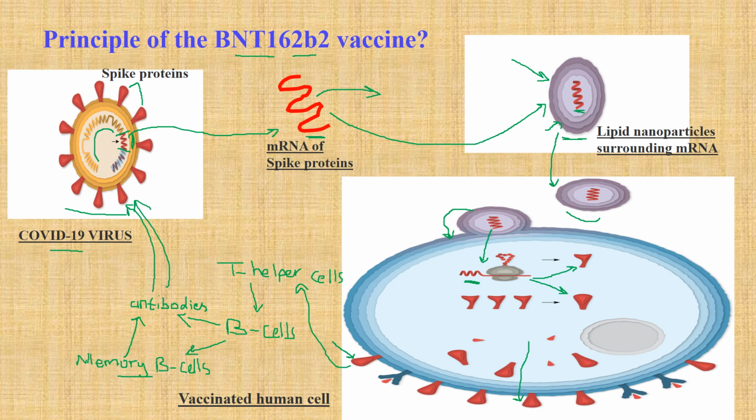This will also immediately stimulate a cascade of immune responses that will result in the immune cells attacking the COVID-19 virus and destroying it. This way, the COVID-19 virus can no longer infect our cells.